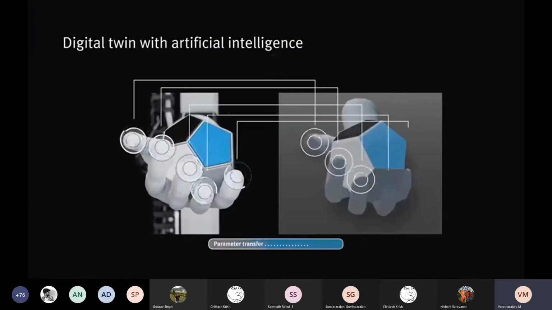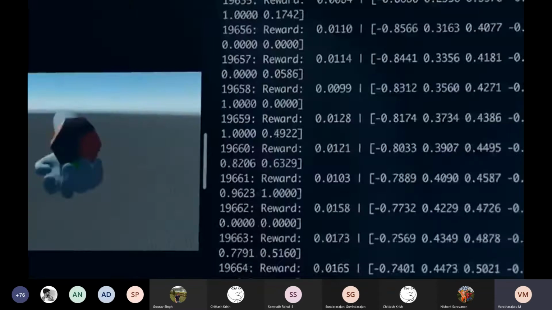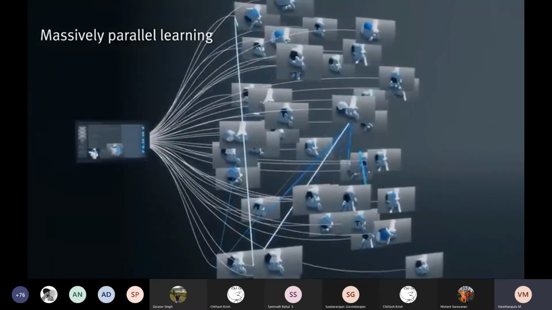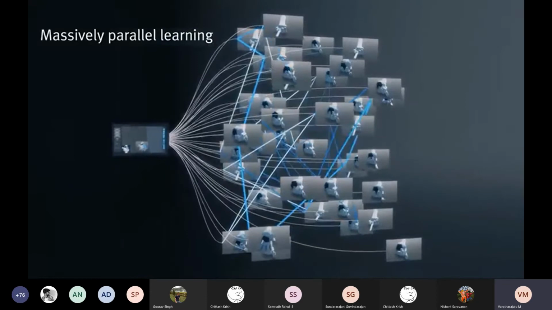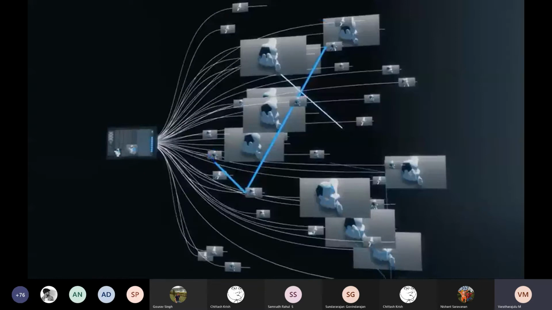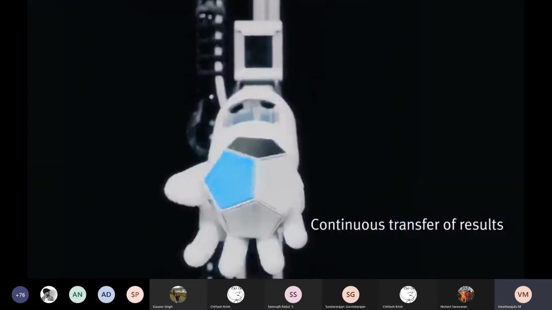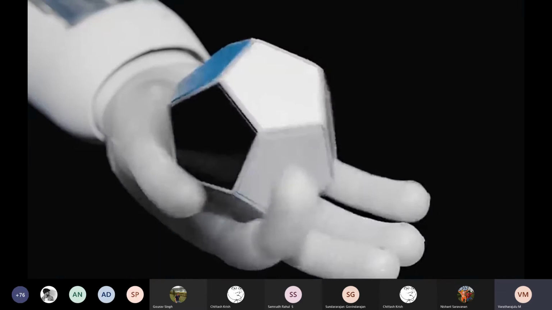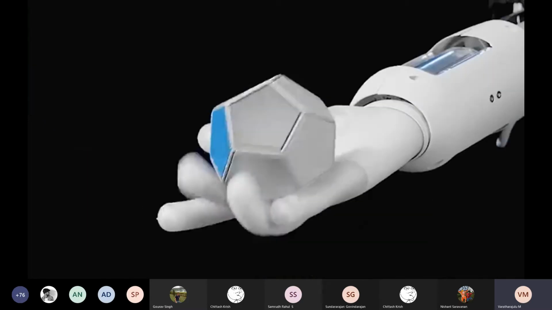See validation, identifying model parameters. See what is happening. Parallel learning. Continuous transfer process. See how it is handling is very similar to that of the human. Still learning.